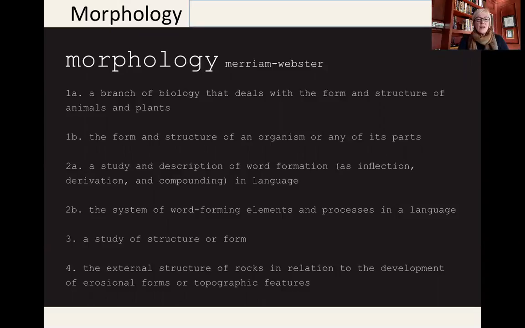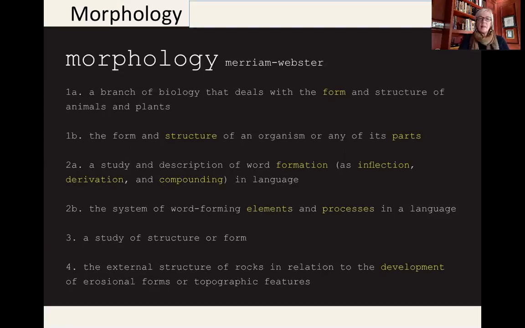Morphology, for the purposes of this, is really the study of structure or form. Form is important in what we try to do. The structure, the ecological aspect of cities, whether it is constructed or natural, really becomes important.